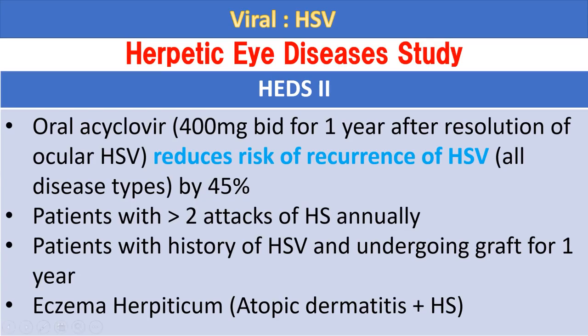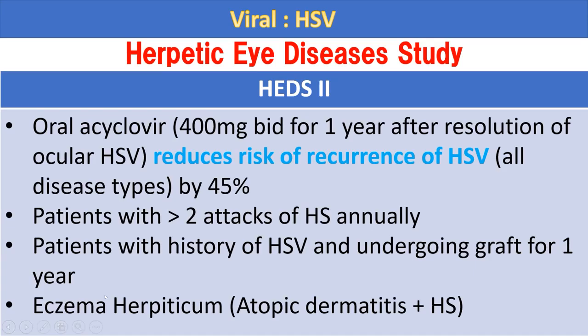Those who develop more than 2 attacks of herpes simplex per year, or those patients with a history of herpes simplex virus undergoing corneal graft, for 1 year. Those patients doing corneal graft should be on a maintenance dose of oral acyclovir two times per day, because they receive long-term steroids, and steroids can cause reactivation of herpes simplex.